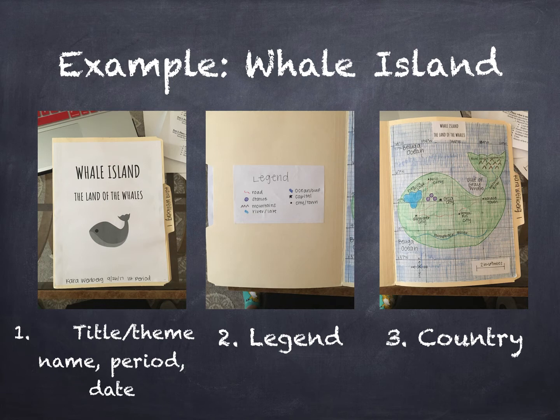So in the first picture, you have the title and the theme, which is Whale Island, Land of the Whales. You don't have to put a picture on your title page. I just did because that's what I wanted to do. And then at the bottom, it has my name, the date, and the period. On the very front of my folder, I just printed out my title page and I glued it on.